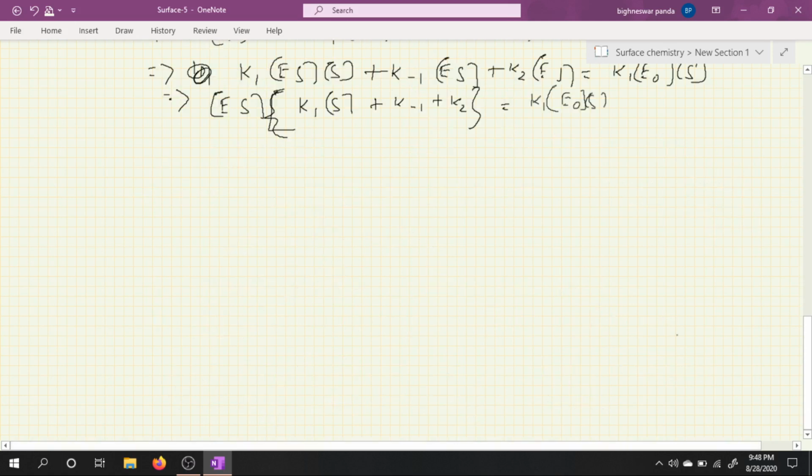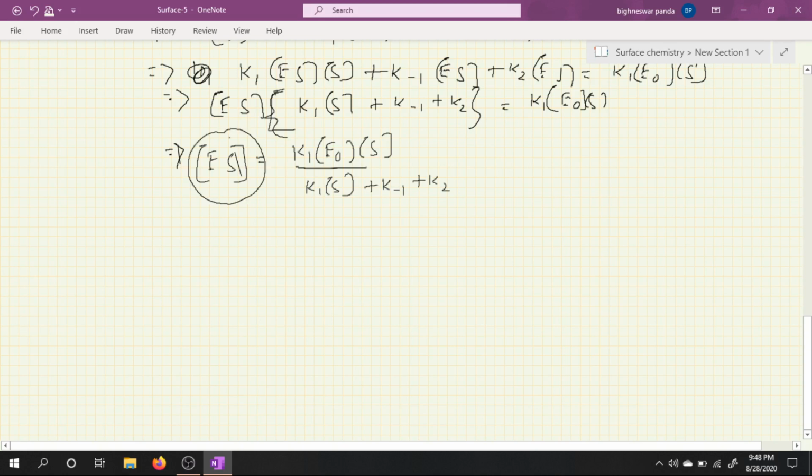So I have the equation that is ES equal to K1 E naught S divided by K1 S plus K minus 1 plus K2, and this is the concentration of enzyme substrate complex.